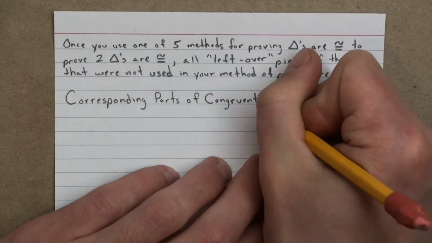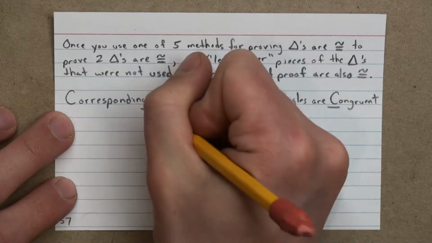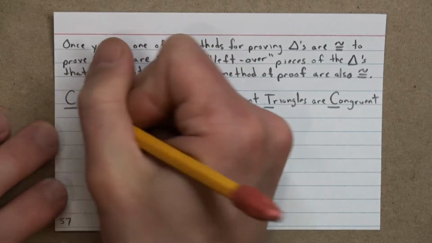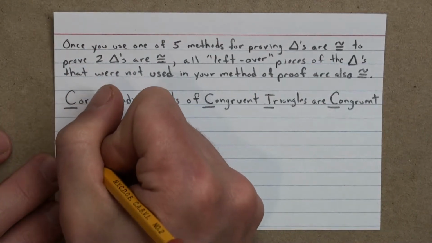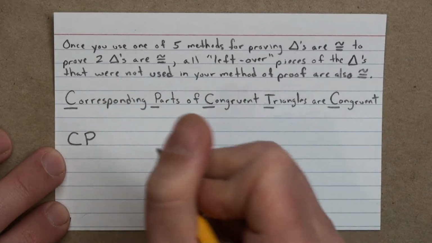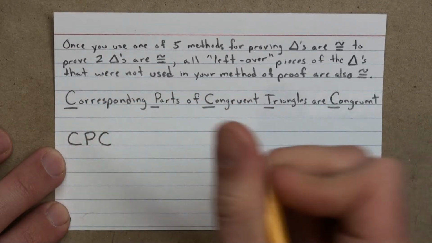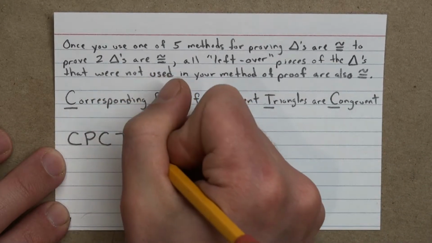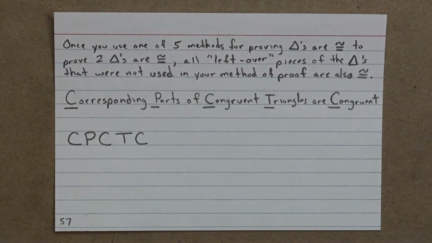And you can see we have a C. This is what's known as CPCTC. Alright? And we don't need to write anything else for that one yet.